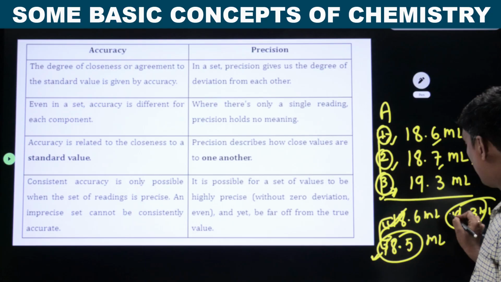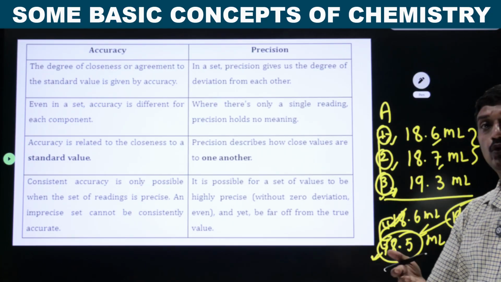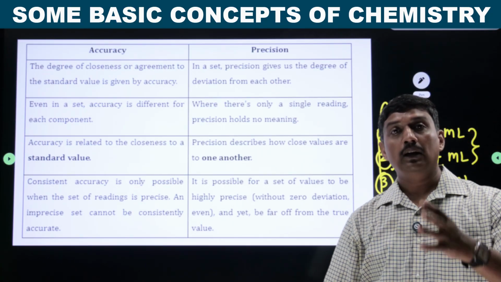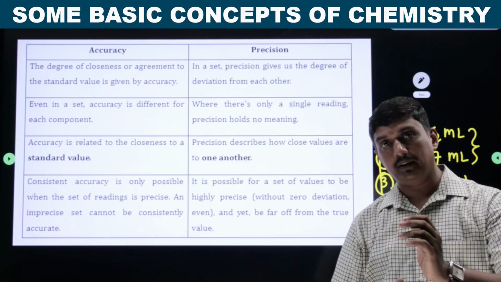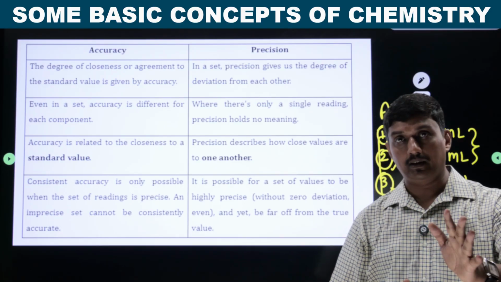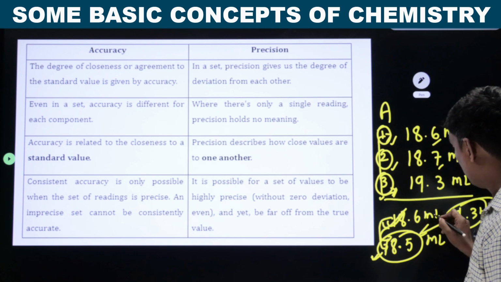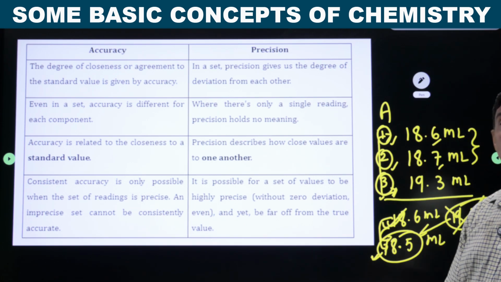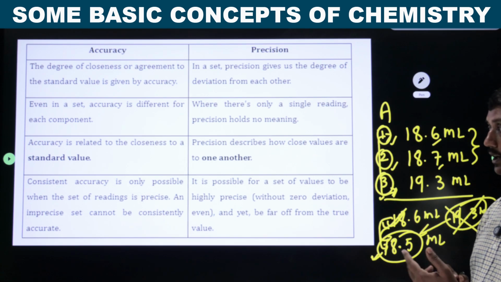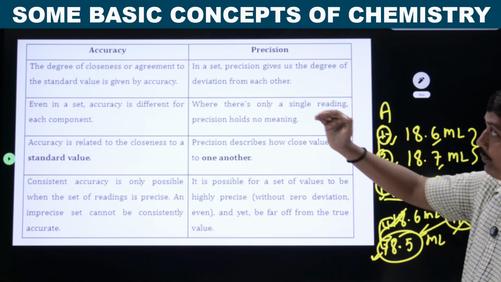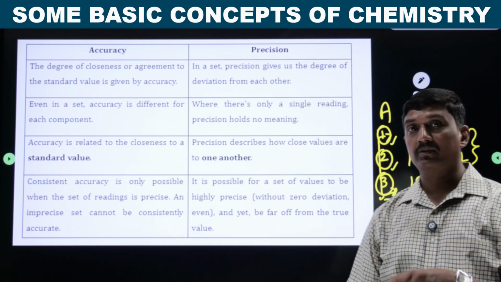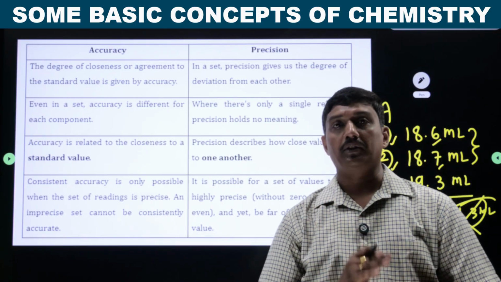Why? This value is not close to the expected value. The experiment conducted is not correct, hence this is not considered accurate. So this is how accuracy and precision are differentiated.